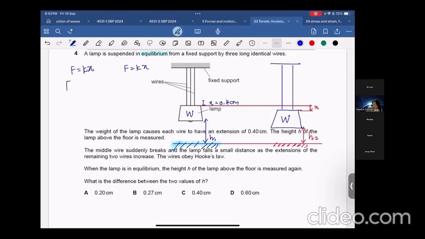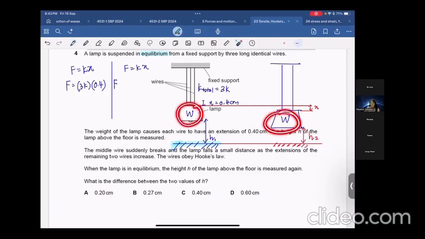So F equals, initially this one overall, K overall is 3K. 3K, added up together, 3K. So how much does it extend? 0.4. Then when only two strings, F is still F because the weight is still the same. The length still has the same weight.